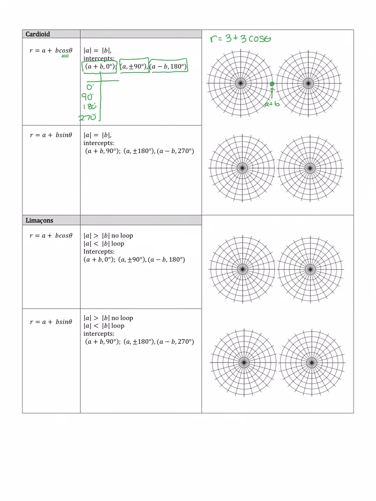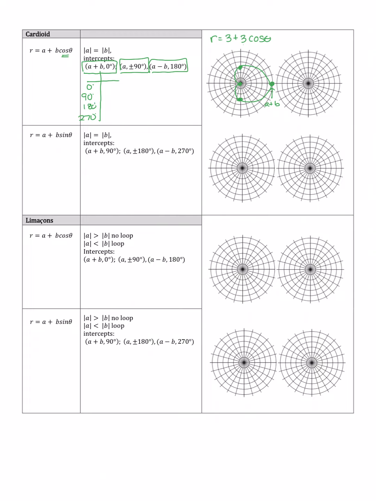So A plus B, and that's because cosine of 0 is 1, so you end up with 3 plus 3. Cosine of 90 and 270 is 0, so that leaves me only with A on the sides. So here's A at 90 and A at 270. And then 3 minus 3, because cosine of 180 is negative 1, that brings me back to the origin. So you get a little dimple. You kind of go in and around.